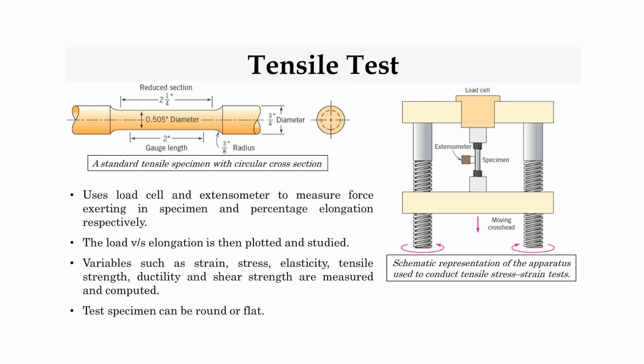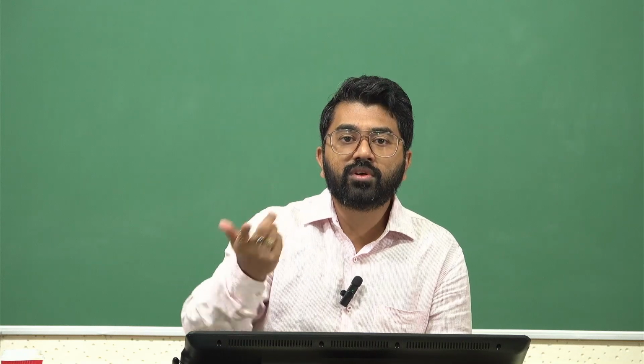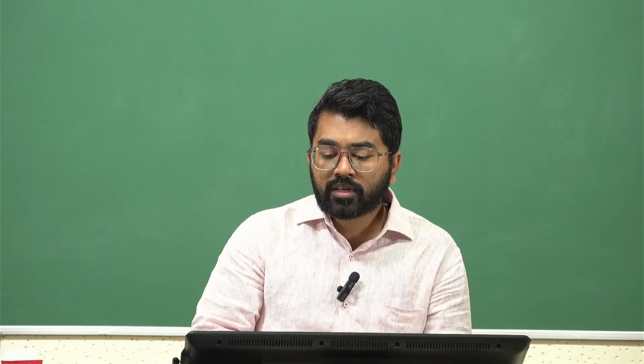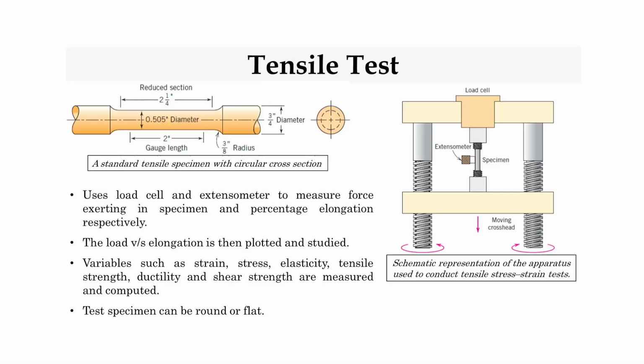So here you're looking at the different diameters, radius, and how dog bones are defined in terms of specimen. The specimen sizing is very, very important. A standard tensile specimen with a circular cross section is very popular, but soft tissues will usually have a flat or rectangular cross section, right? Then you place it within a set of clamps in a tensile testing machine.